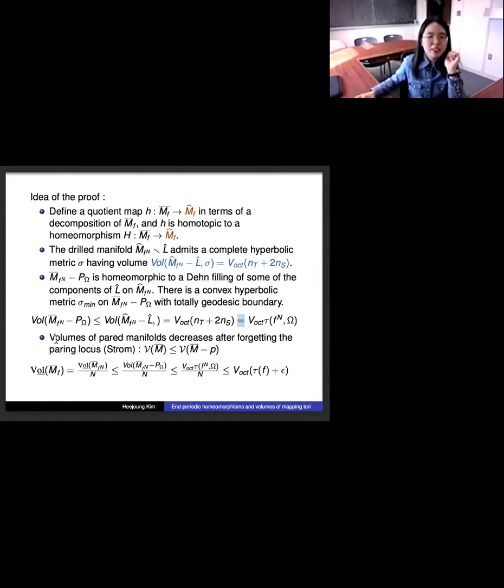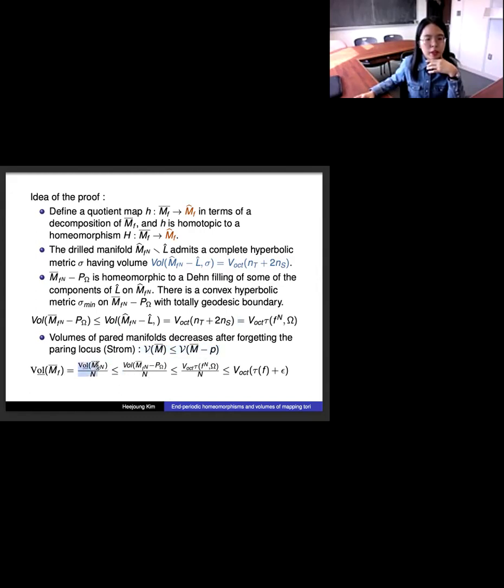Okay, and then Storm showed that the volume of a paired manifold decreases after forgetting the pairing locus. So we have this inequality by Storm. So from here we will use this one here.